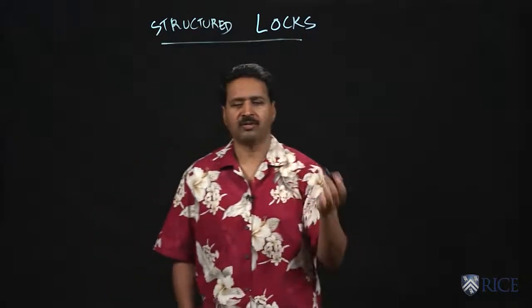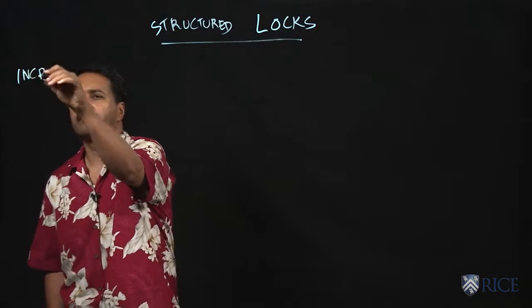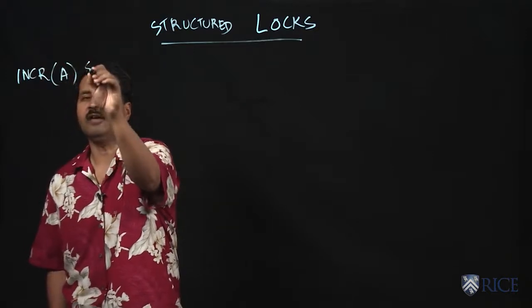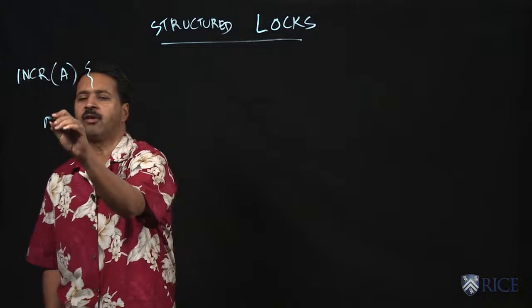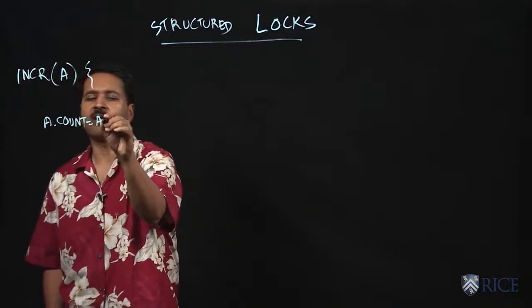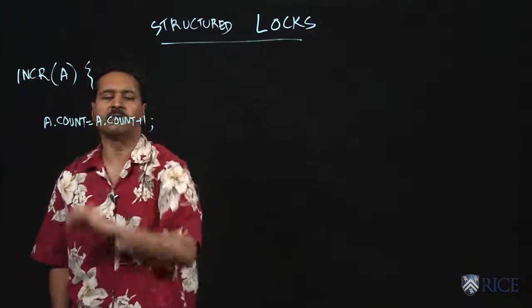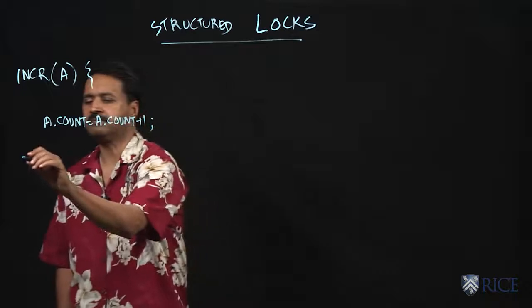So here's the motivation. Suppose we have a very simple method, increment, and it takes an object A, and in its body it is reading and writing some field of A, like A dot count, incrementing it.